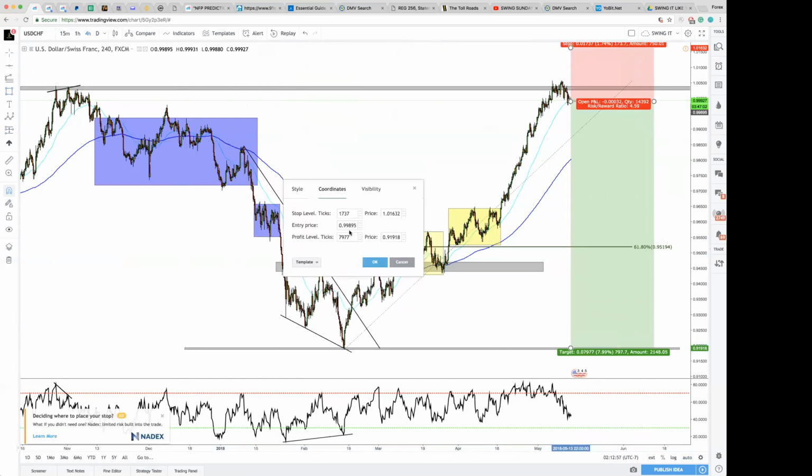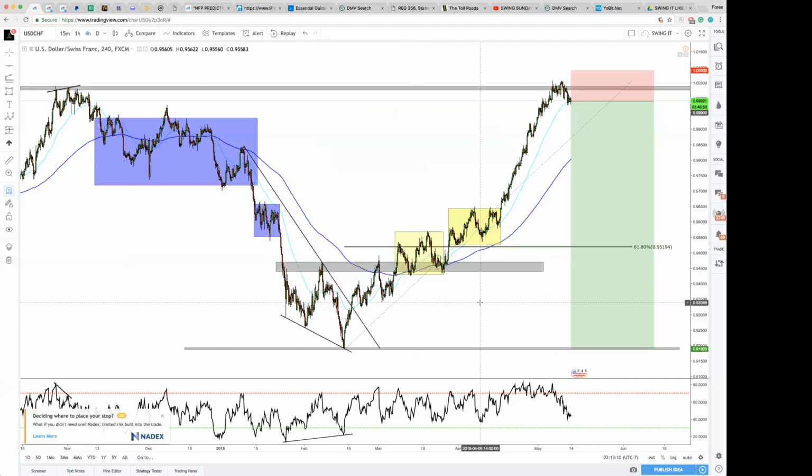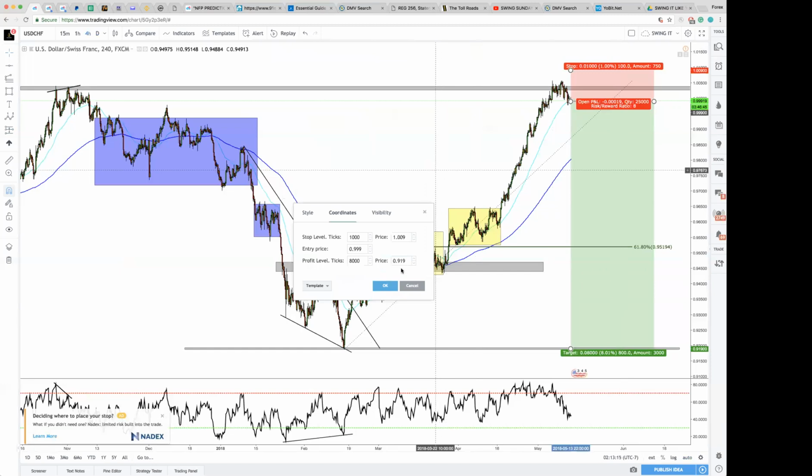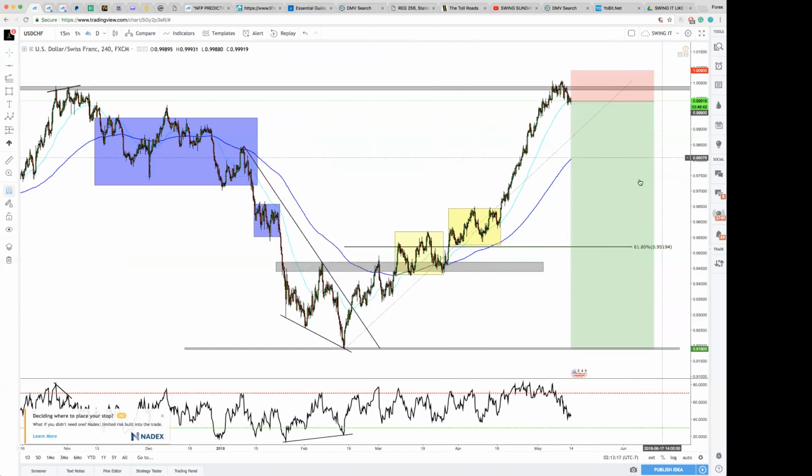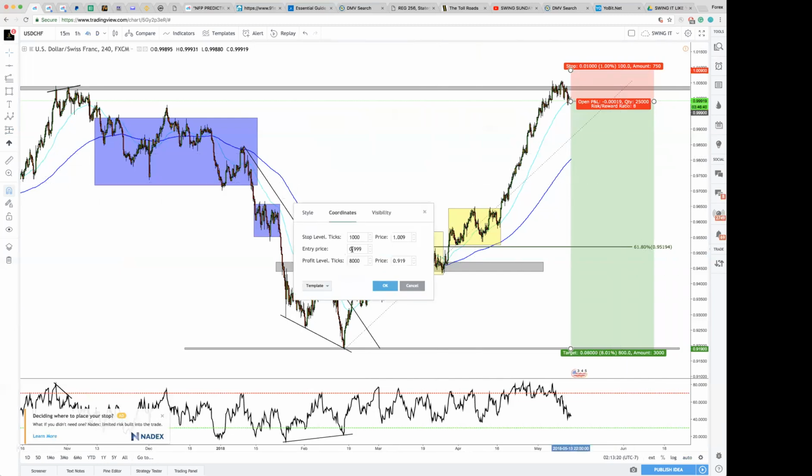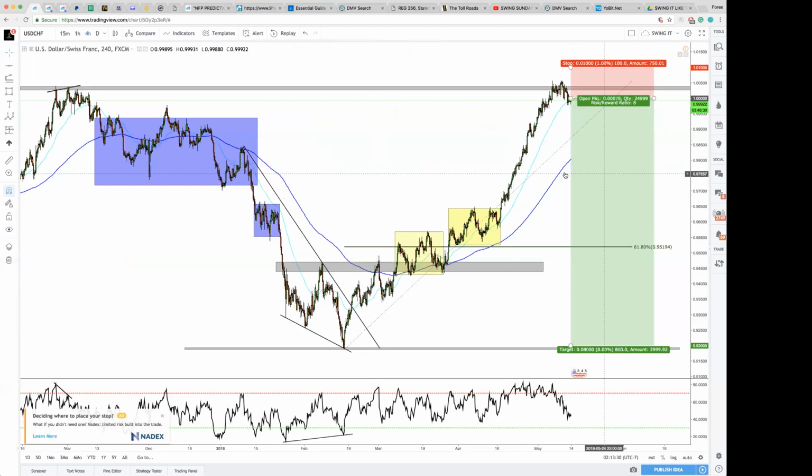All right, that's a coordination. Profit level would be, all right, 9. So we've got a 1% risk and an 8% gain. All right, there we go.